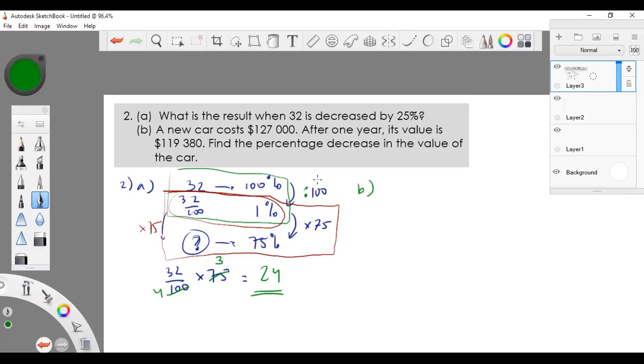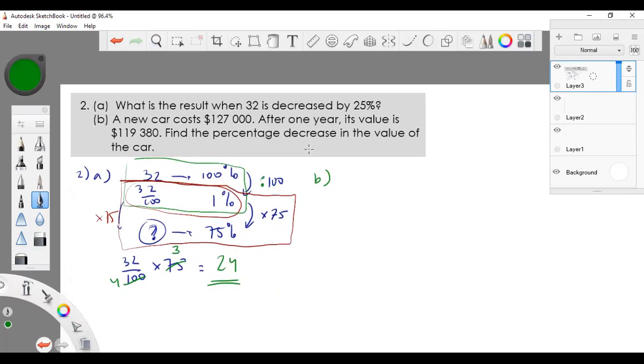A new car costs $127,000. This is, as always, 100%, right? Its value after 1 year is $119,380, and this is the question, what you want to find: the percentage decrease.